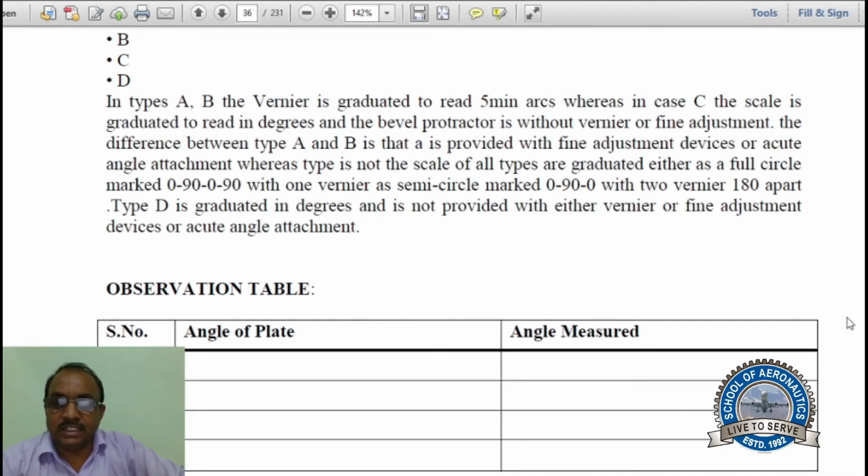Type D is graduated in degrees and is not provided with either vernier or fine adjustment devices or acute angle attachment.